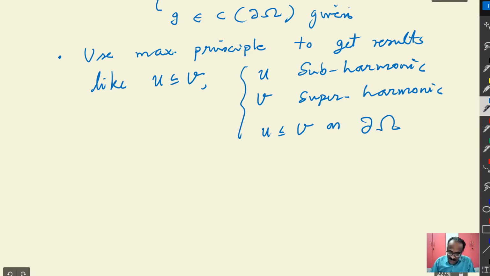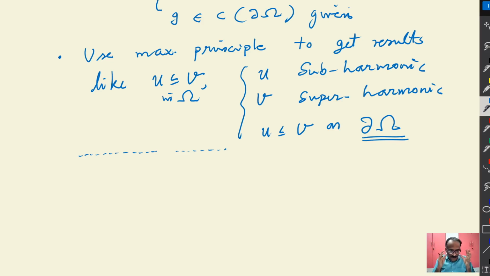So there is basically an arrangement. If you have sub-harmonic functions u less than or equal to v on the boundary, then you will get u less than or equal to v. So you have the collection of sub-harmonic functions on one side and your super-harmonic functions on the other side.